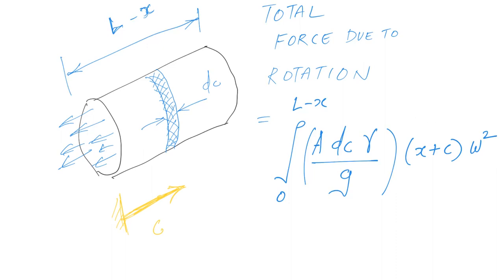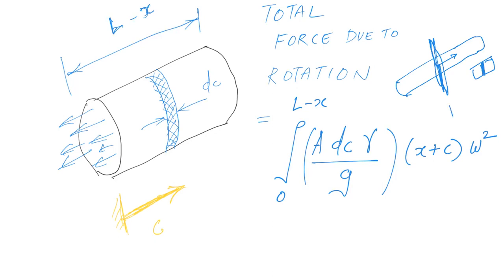Radius will be x plus c, because let me draw it over here again for you. So this is my total bar. It is rotating about an axis somewhere here, and we are considering only this small portion.